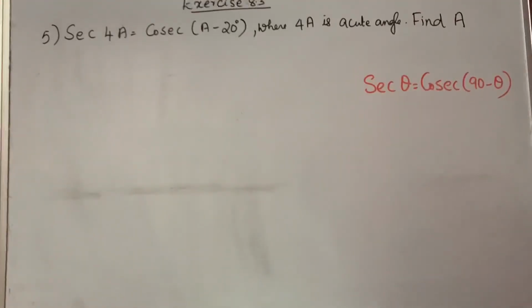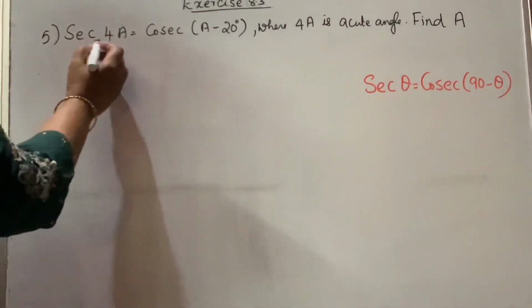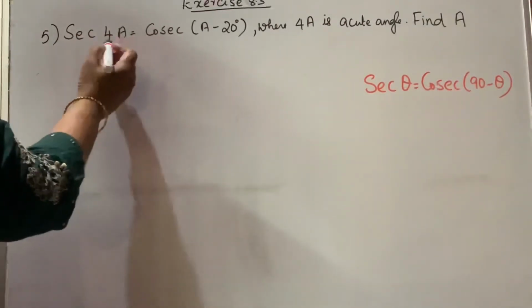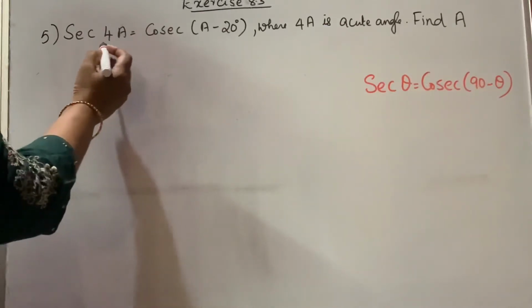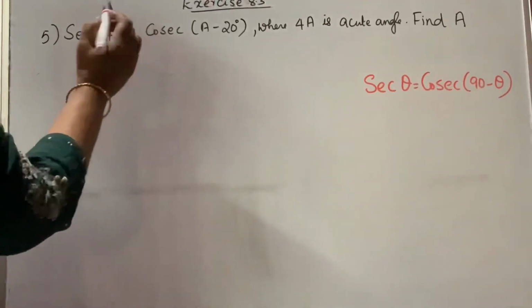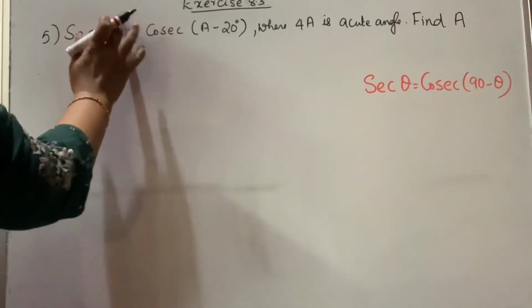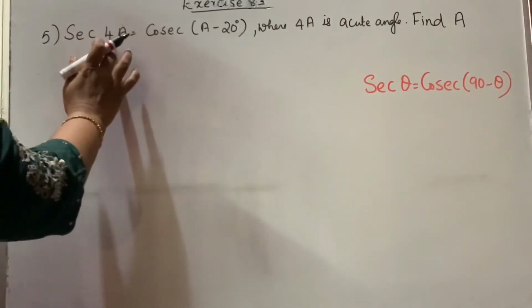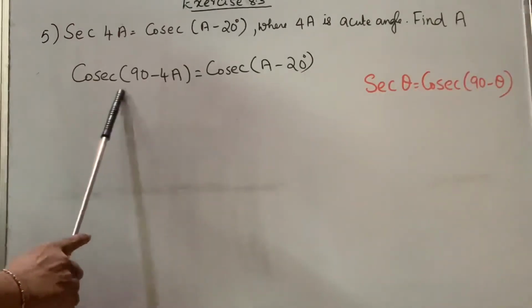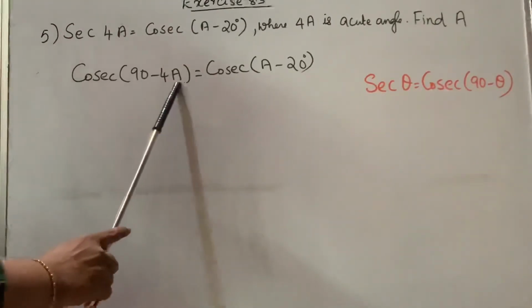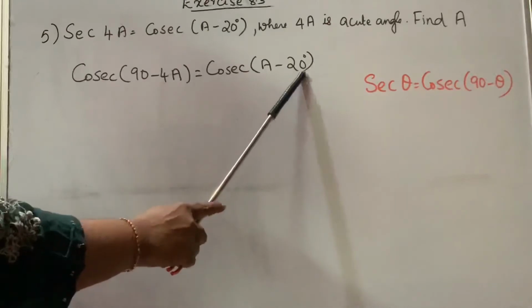Question number 5. Sec 4a is equal to cosec of a minus 20. Find a. See, we know that sec theta is equal to cosec of 90 minus theta. അപ്പോൾ നമുക്ക് ഇത് സീക്കിലും ഇത് കൊസീക്കിലാണ്. അപ്പോൾ ഇതിന് രണ്ടിനും ഒരേ റേഷ്യോയിലേക്ക് ആക്കണം. അപ്പോൾ നമുക്ക് ഈ sec 4a cosec of 90 minus 4a എന്ന് എഴുതാം. This means 90 minus 4a is a minus 20.